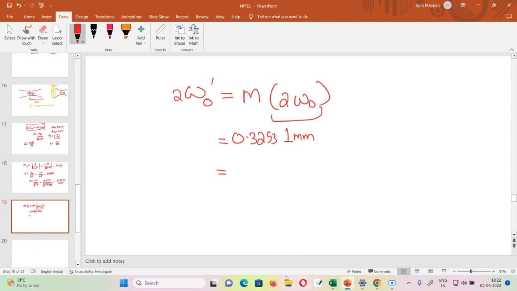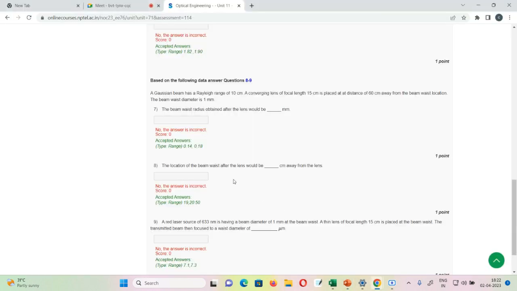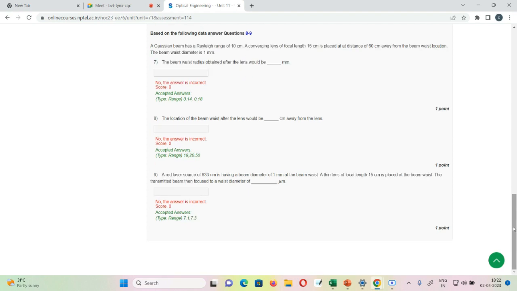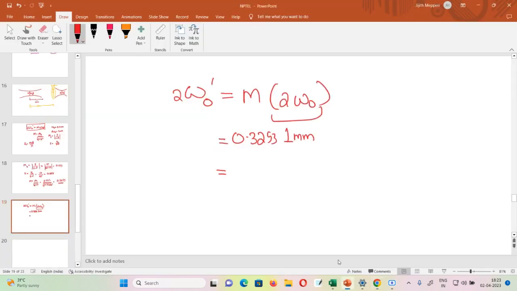Yeah, that's the question. They are not asking for the diameter, they are asking for the beam radius only, the beam waist radius. So you don't want diameter, you want the radius only. So omega naught prime only they are asking.